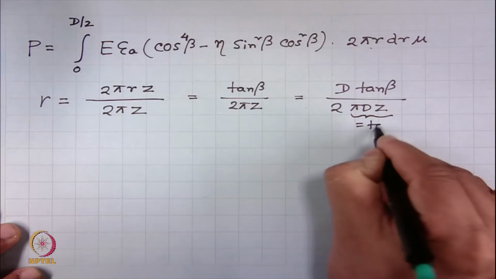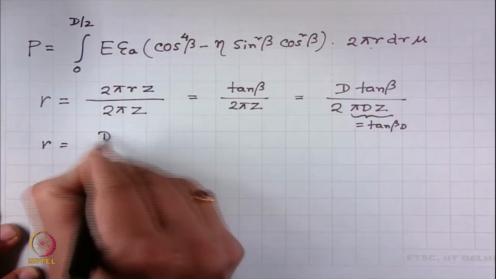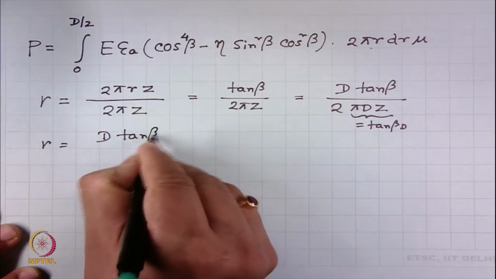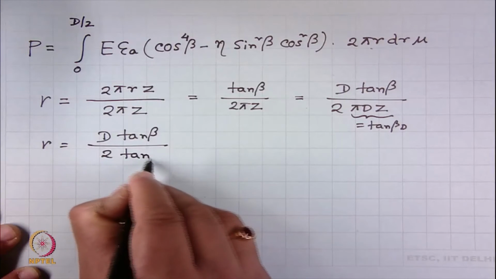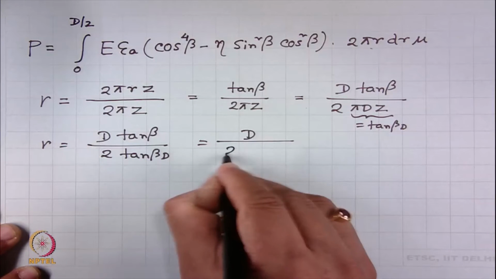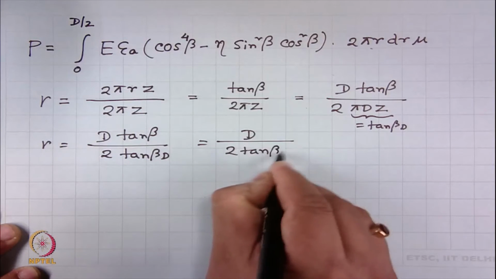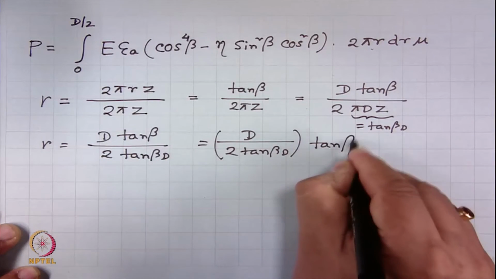Tangent beta D. So, r becomes D tan beta by 2 tan beta D. Now, this D by 2 times tangent beta D is a constant, tangent beta.